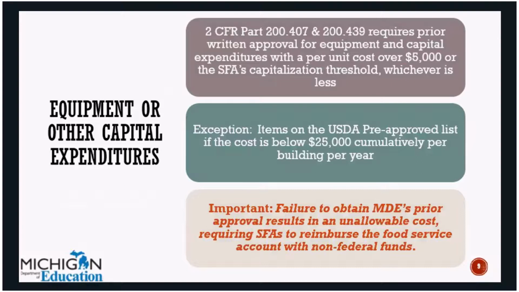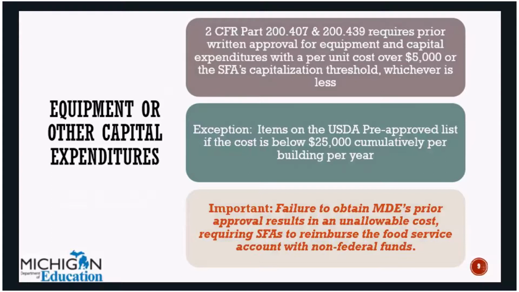The equipment request form can be found on our website and should be sent via email to mde-fiscal@michigan.gov. You then will receive an email notification via GEMS Mars approving the purchase or asking you for more information. In order to submit an equipment request, you should have already bid out the items using proper procurement methods.